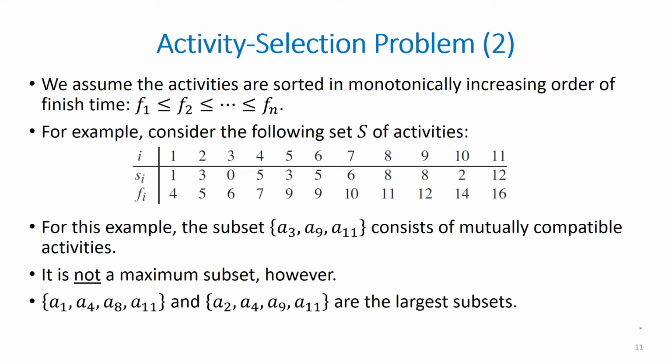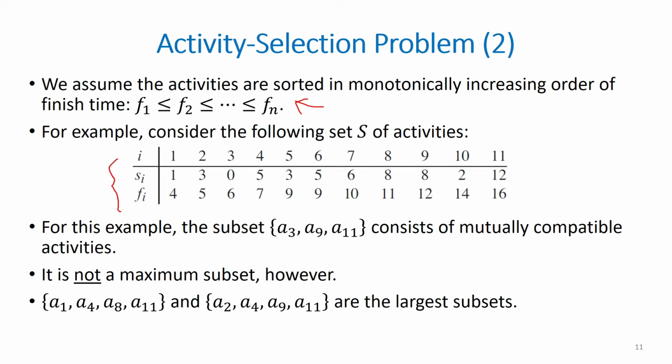Let us assume that the activities are sorted in monotonically increasing order of their finish time and not start time. So they are ordered as shown over here. We shall see later on the advantage that this assumption provides. So for the set S of 11 activities, we would have such a table where the f_i's are ordered in an increasing manner.